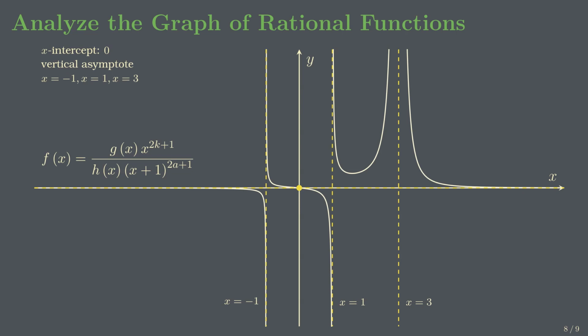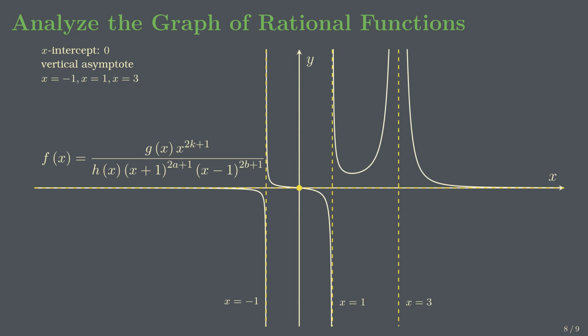And here, the same for x equals 1. When x approaches 1 on the left, the graph will decrease to minus infinity, and when x approaches 1 on the right, the graph will increase to infinity. It means that the multiplicity of 1 in this case is also odd.